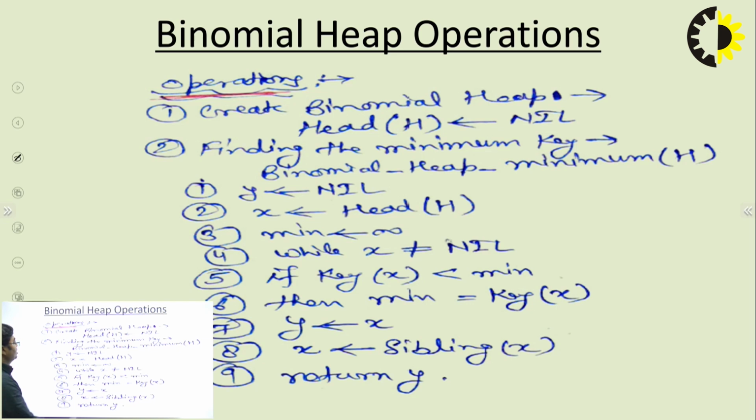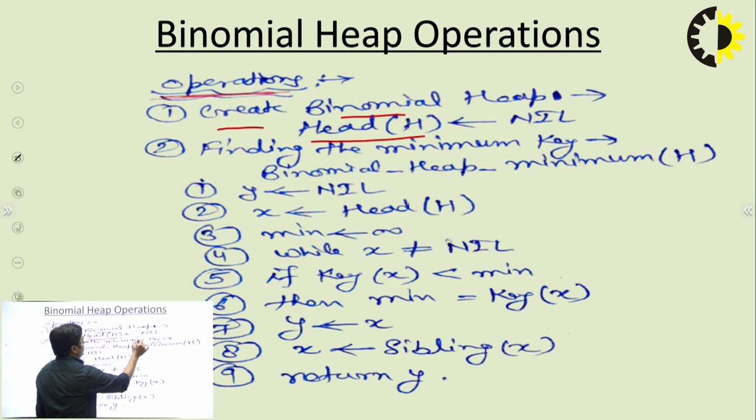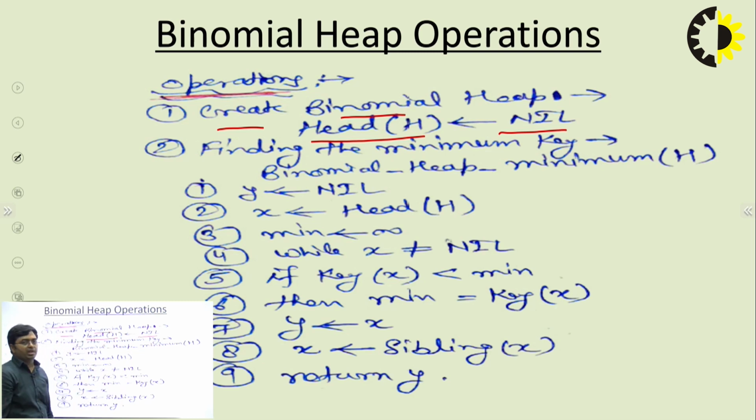Next is creating a binomial heap. The head of h is equal to null. So, initially when we try to create the heap, the initial value of the head node, or root node, is nil.